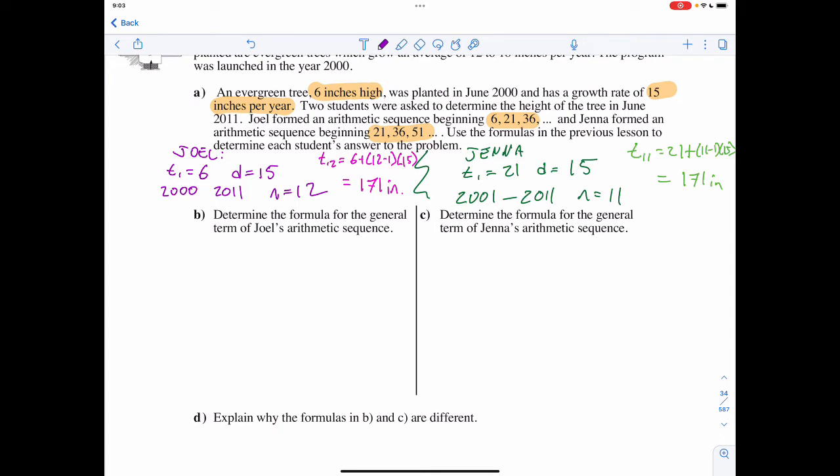Now, in both cases, the same problem works where it says, for Joel's, determine the arithmetic sequence. Tn would equal T1 plus n minus 1 times a common difference. In Joel's case, Tn is going to be 6 plus n minus 1 times 15.